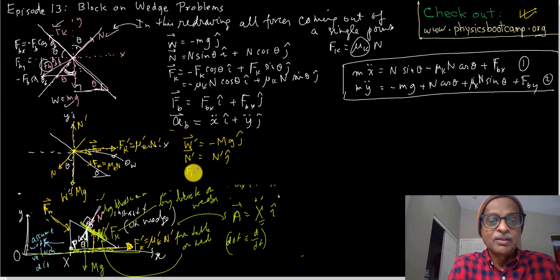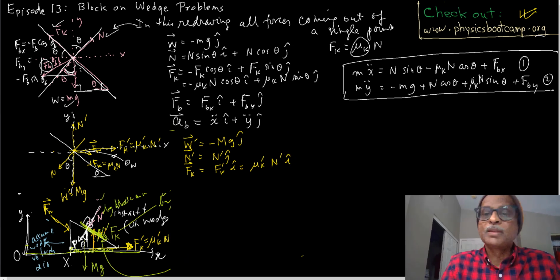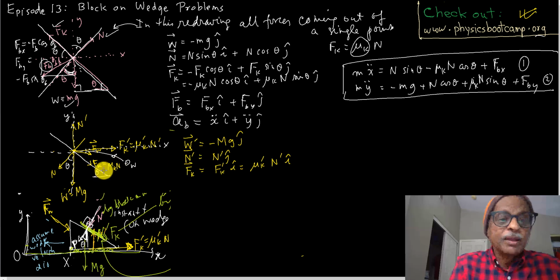The corresponding fk prime is on the x-axis, so fk prime I hat equals mu k prime N prime I hat. And continuing on, we have the FW vector.